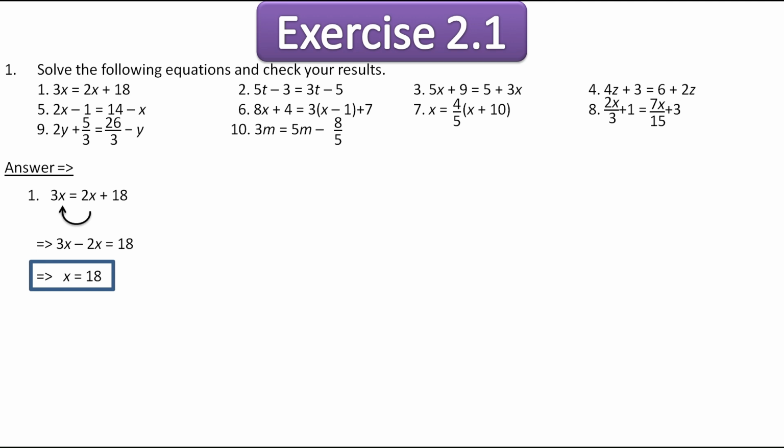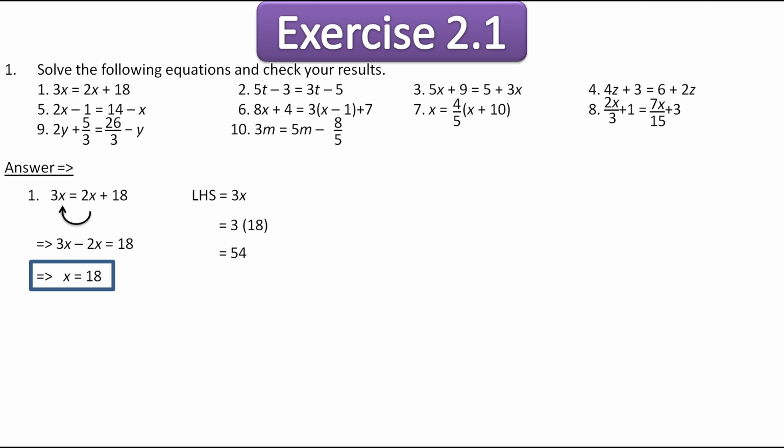Now we have to check whether this answer is correct or not by putting the value of x in the LHS part and RHS part. So here in LHS we have 3x. The value of x we have got is 18. So let's put the value of x in this term. It will become 3 into 18. So 18 3s are 54.